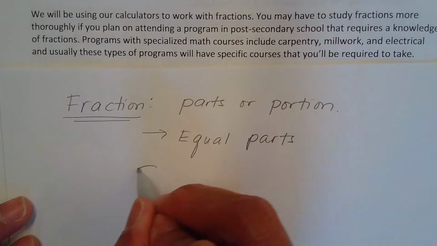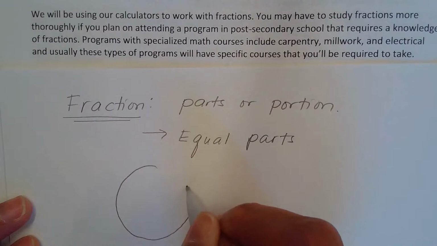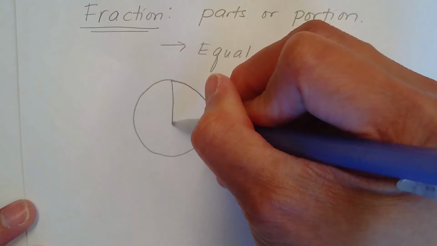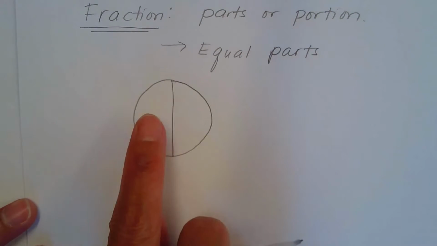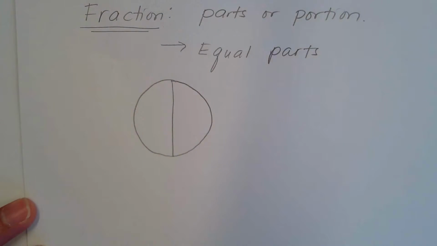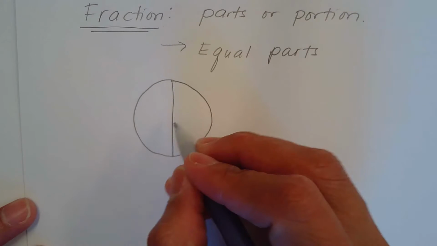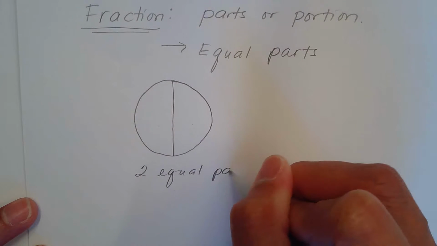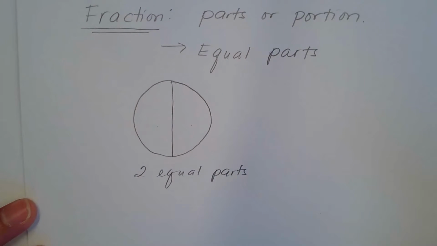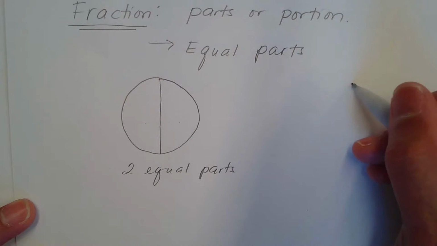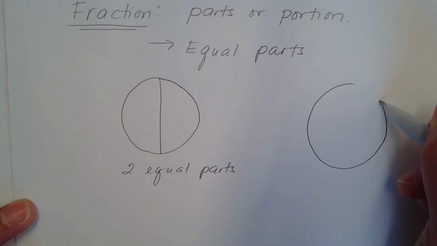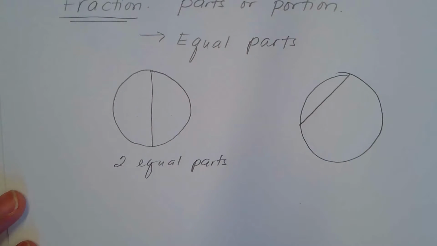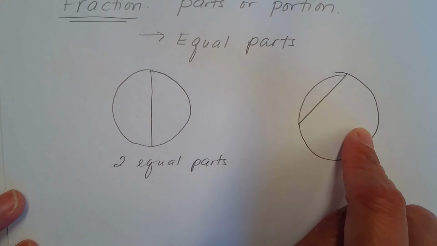So when we have a circle, you have 2 equal parts. Now what about this one? This one has 2 parts, right?